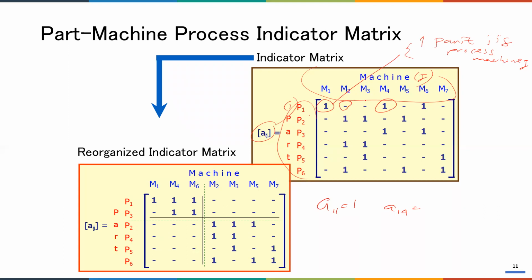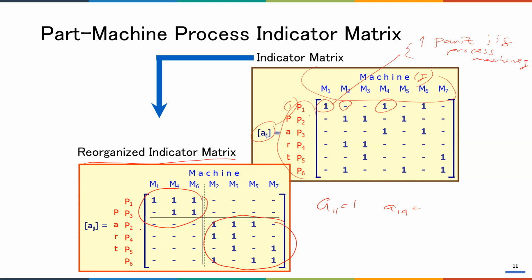Several algorithms can be used to reorganize this indicator matrix to show us which parts should be clustered or grouped together into the cell manufacturing. For example, we see that part 1 and part 3 share machines M4 and M6, while the others do not, so they can be grouped together.